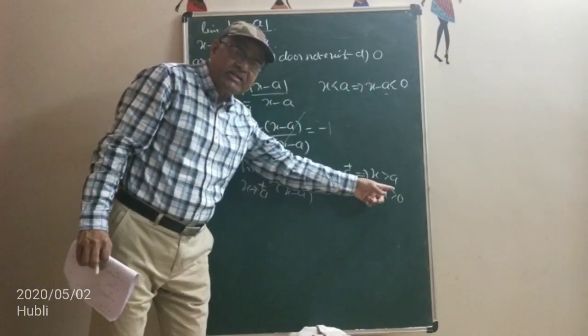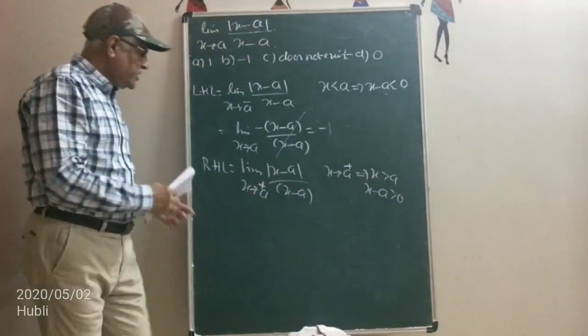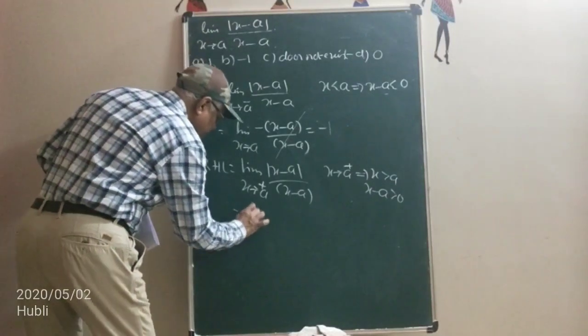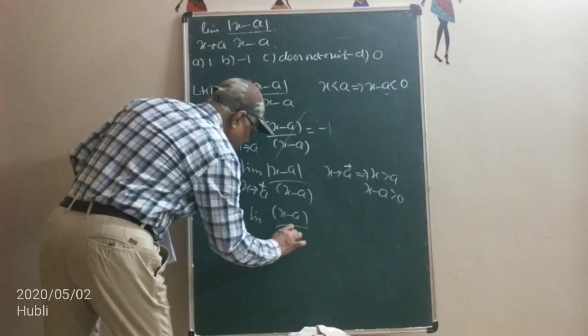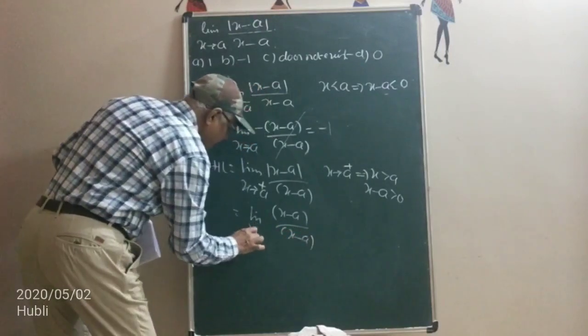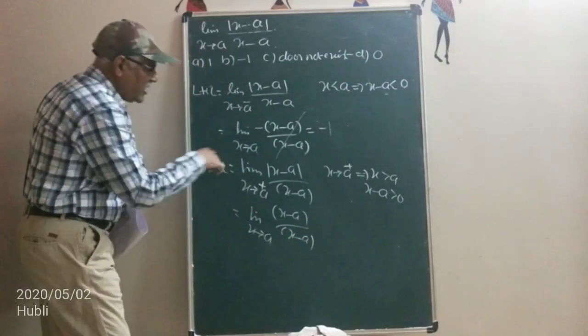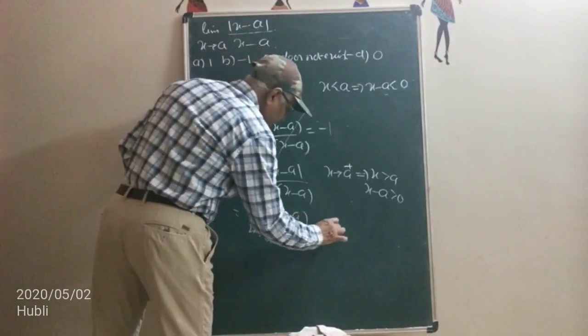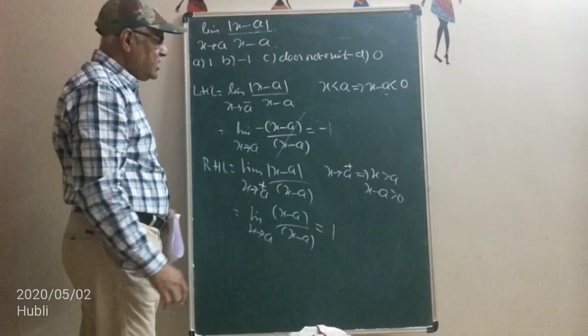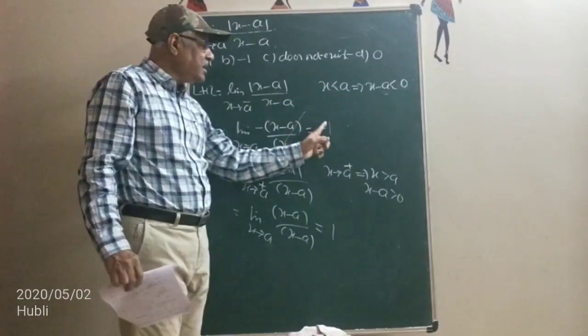Now here x minus a is greater than 0. So therefore the numerator expression is positive. That is the limit of x minus a divided by x minus a as x tends to a. Now after substituting, just cancel this one. That is, x minus a gets cancelled. That is 1. What is the left hand limit here? Minus 1.